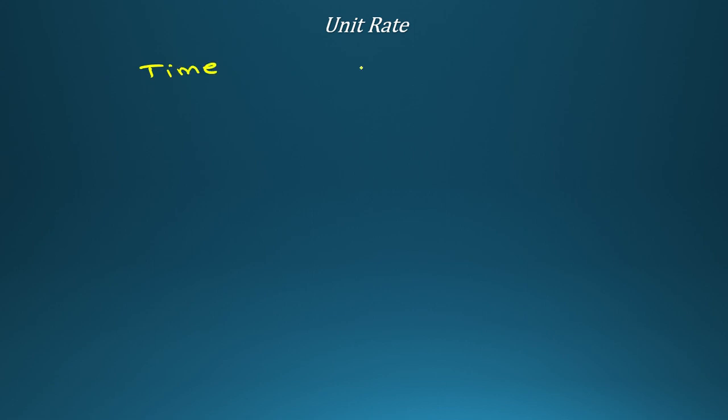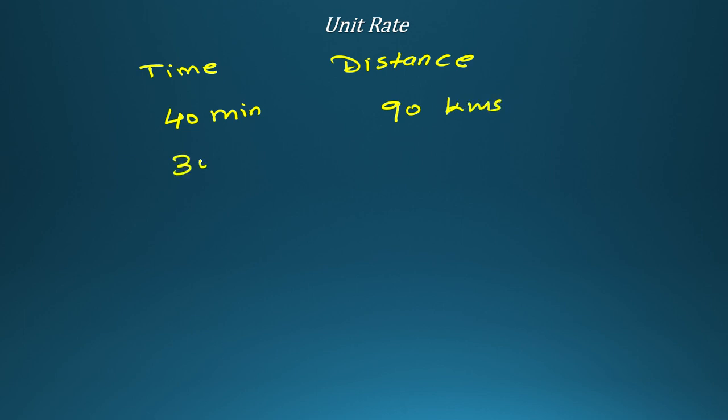Suppose, with the same type of time and distance, in 40 minutes we are covering 90 kilometers. So in 30 minutes how much distance will you cover? In 30 minutes you will cover less distance.